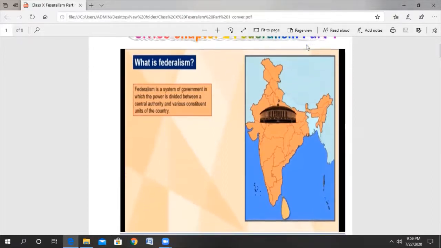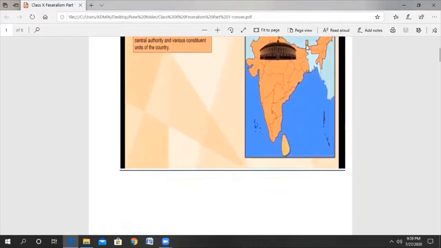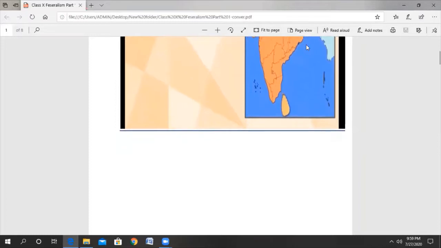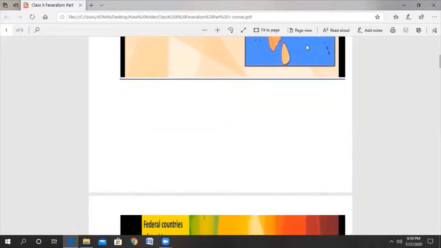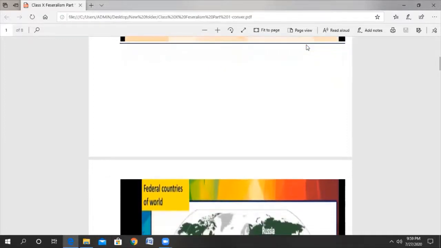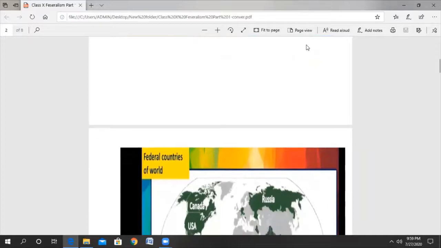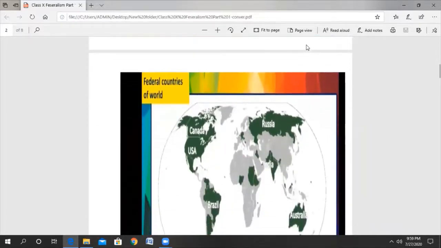So in very simple terms, federalism is the division of power, or the sharing of power between different levels of government. That means the ruling becomes easier when we share the power between the central and the state government.